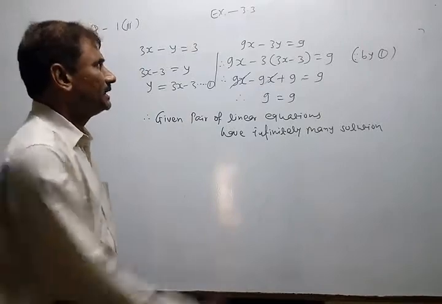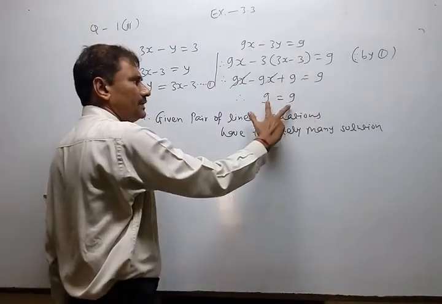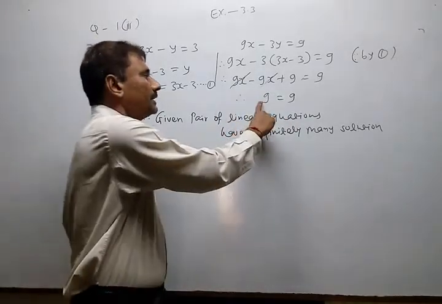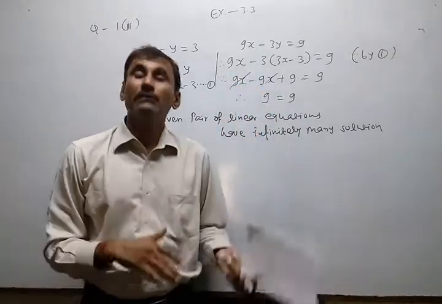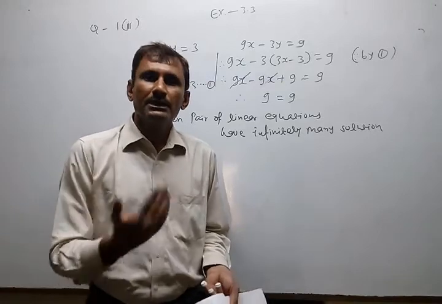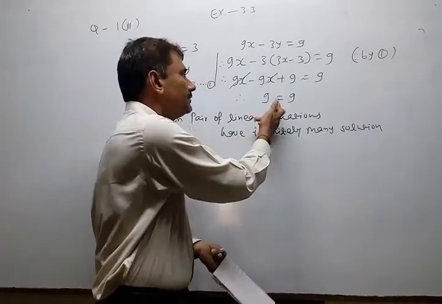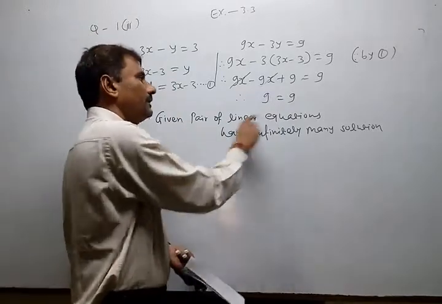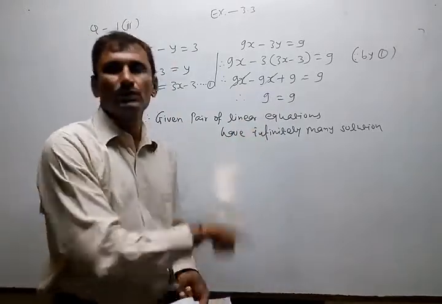Sometimes after getting everything, you come to a place which is never true. Suppose 8 equal to 9, 9 equal to 0, 5 equal to 6. If you get this type of strange result, at that time you have to write that the given pair of linear equations has no solution.